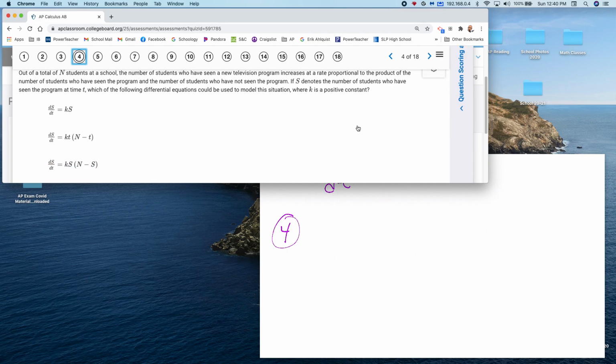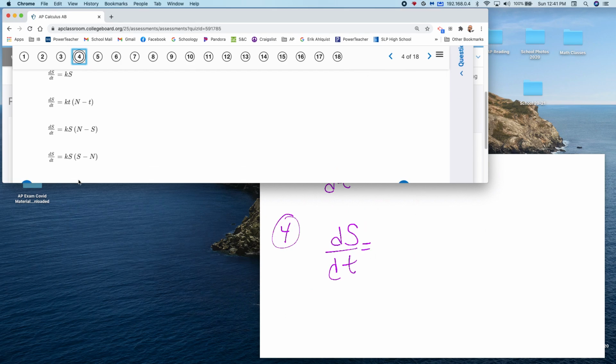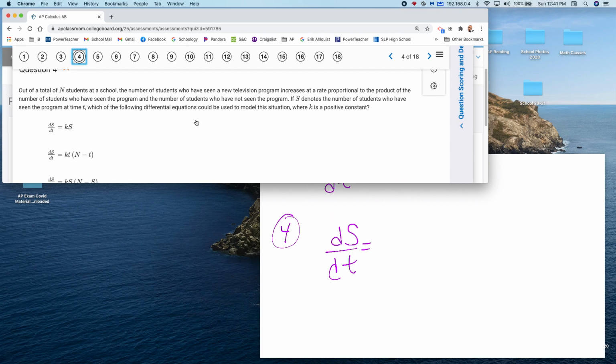So when you think about it, okay, so you got dS dt, and so you're going to have some constant of proportionality. Now, it doesn't really matter, right? Because there's a constant in all of those. So now you got to figure out what the other one is. You got n is the total number of students at school, and it increases at a rate proportional to the product of the number of students who have seen the program.